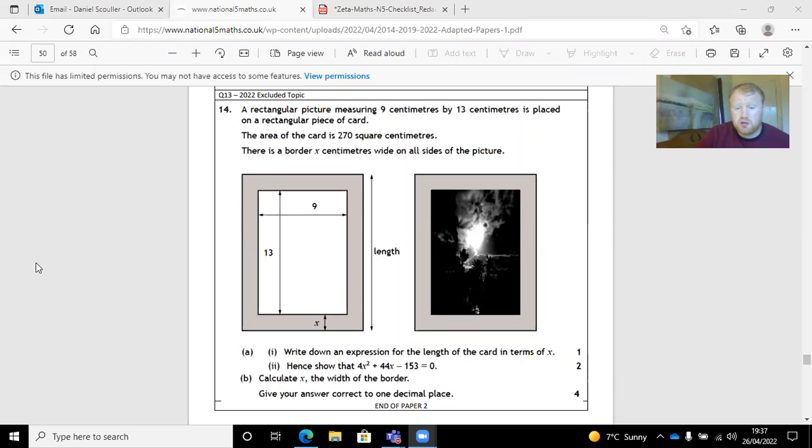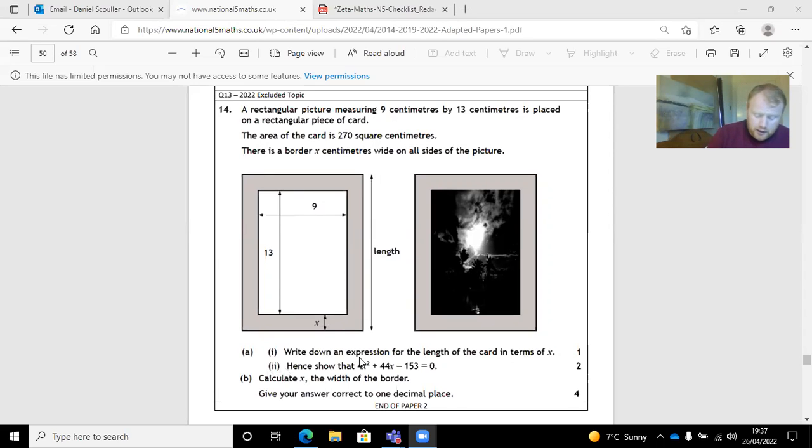Write down an expression for the length of card. It's just looking for an expression on length, and it's only worth 1 mark. It's looking for you to show your understanding of what this 13 is and what this x on the other side is.